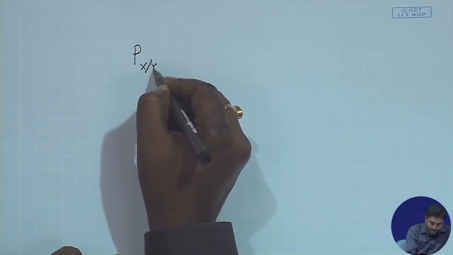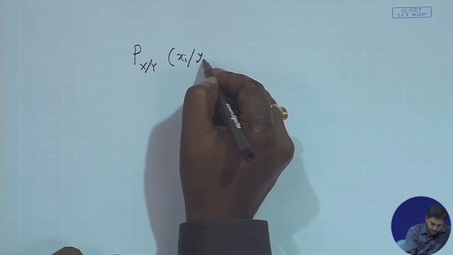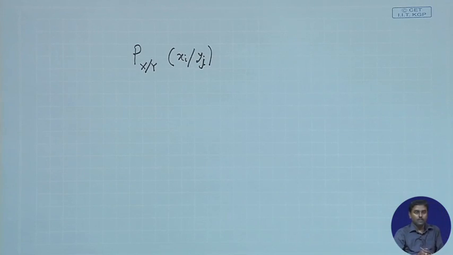So, after defining this, with the same definition or notation, we started defining the conditional event. We have also told that the conditional event is represented like this, x given y.